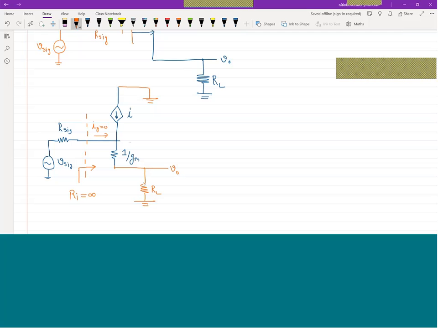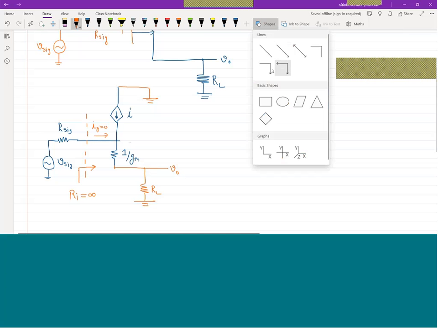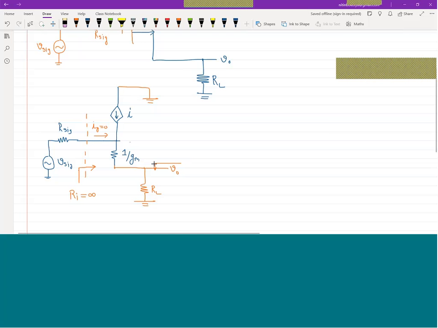By removing the load, you can say this is the output resistance, and the output resistance is 1 by GM. By making the source equal to 0, so 1 by GM. So Rout for the circuit is equivalent to 1 by GM.